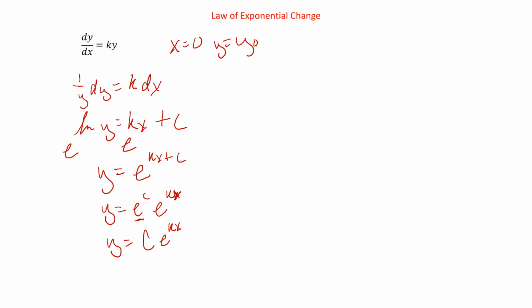The little 0 subscript just means the initial, the at time 0 type thing. So if we plug in 0 for x, we have e to the 0, which is 1, equals y naught. So this number in front, that c, is just the initial value.